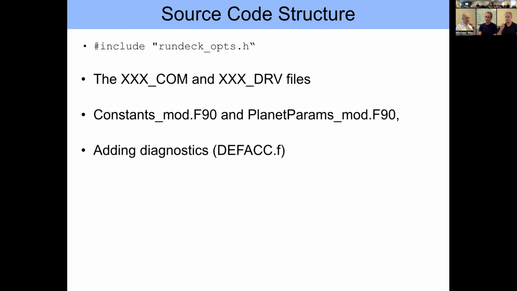So in essence, when you create a new file, if you have no relevant defined statements, you don't care about that. But if you start saying define this or define that inside your model's source code, you need to have this include runscript ops.h so that the actual Fortran code is aware of which things have been defined in your run.